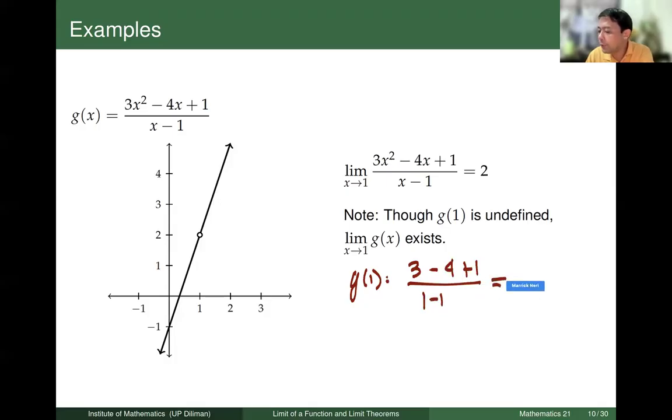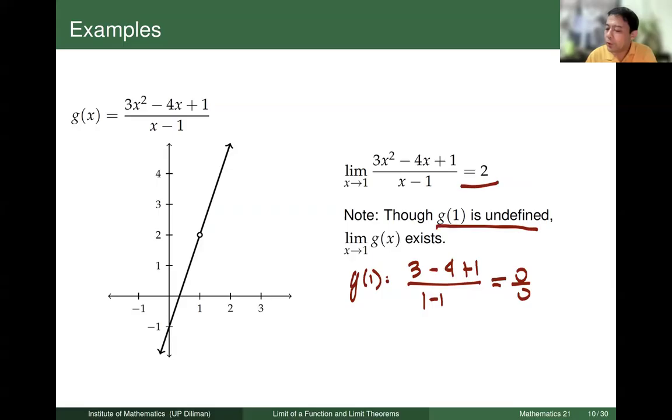And this is 0 over 0, which is undefined, which is not a number. Okay, so 0 over 0 is undefined. A good question is, what is the definition of undefined? So yun yung pag-isipan ninyo. So the limit exists, but the function is undefined there.